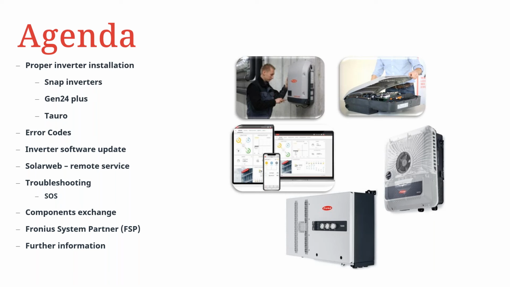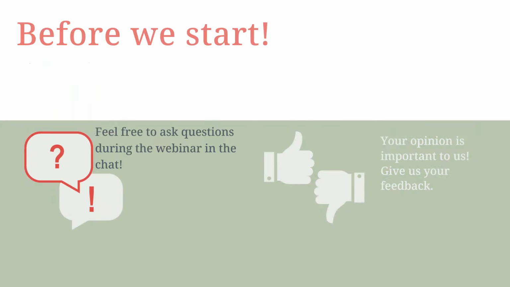Look at troubleshooting, especially using the SOS, and how we can perform components exchange, and then talk briefly about the Fronius system partnership. Afterwards, we shall round up by giving you brief further information. Good. So without further ado, we shall start.